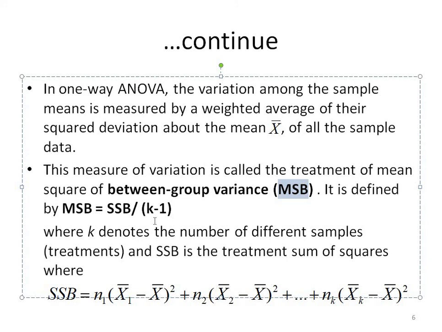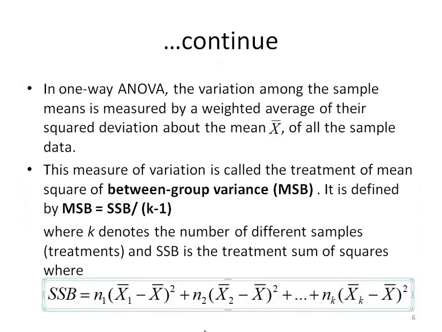To calculate it, MSB is equal to SSB divided by K minus 1, where K denotes the number of different samples or treatments, and SSB is the treatment sum of squares, where this is the formula for SSB.